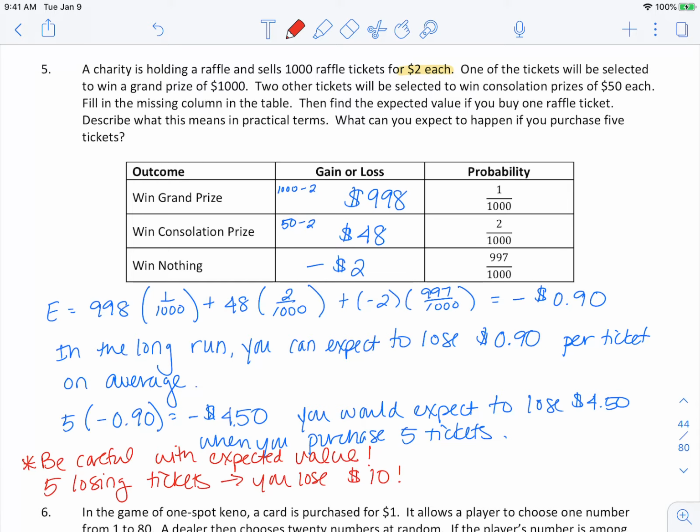But if you have the consolation ticket and 4 losing tickets, well, that actually comes out to you winning $40. Okay, so just have to be careful. Expected value gives you an average amount, but the actual amounts may differ depending on if you're winning or losing.